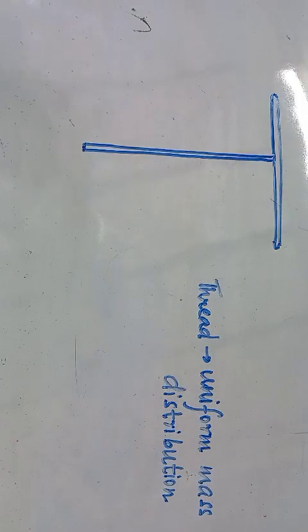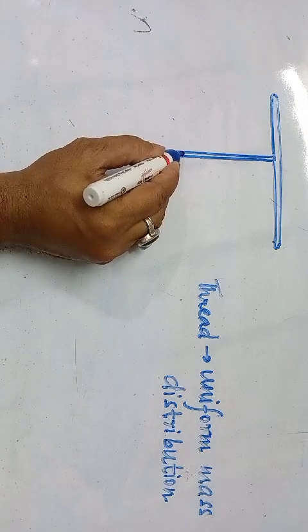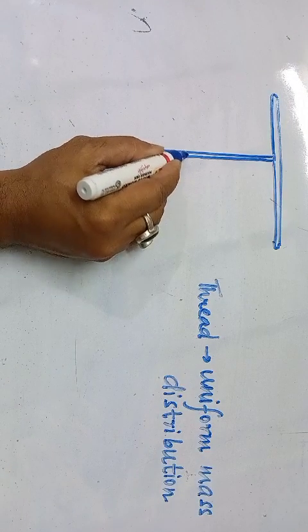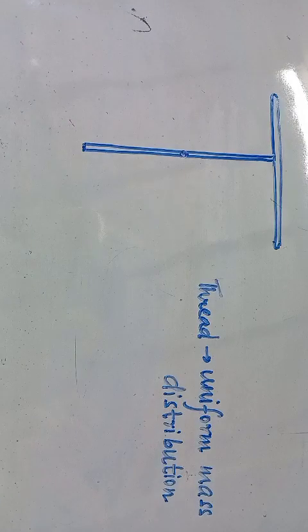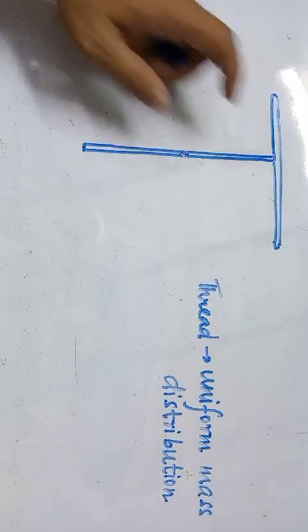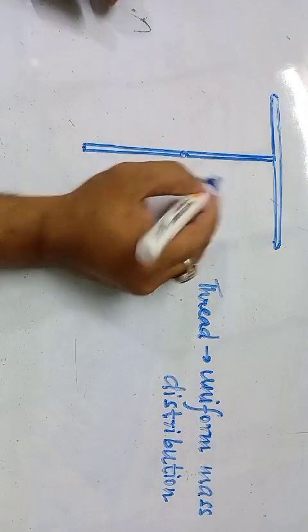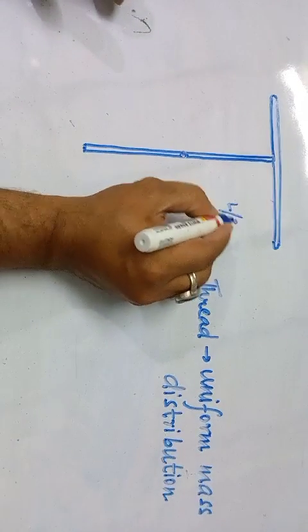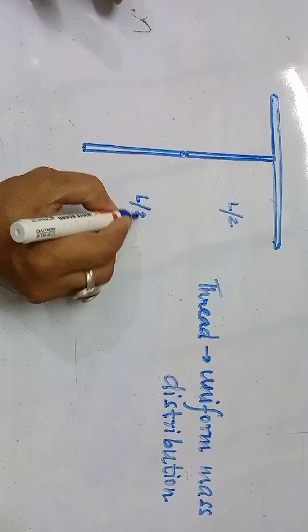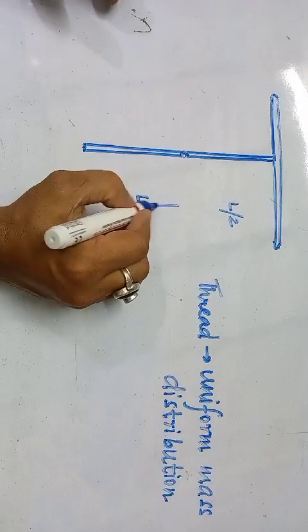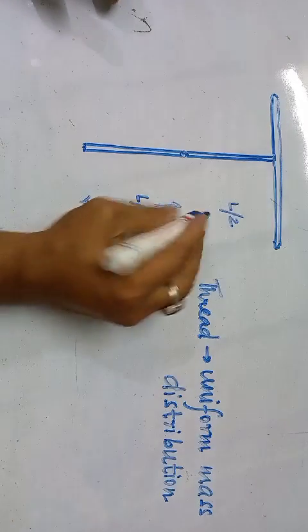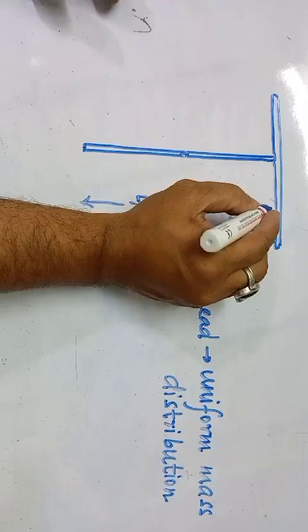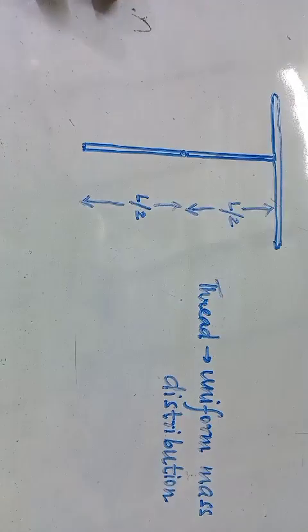So the moment we say uniformly distributed, the center of gravity falls right in the middle, at the geometric mean. If the full length of the thread is L, then this portion is L by 2 and this portion is also L by 2.